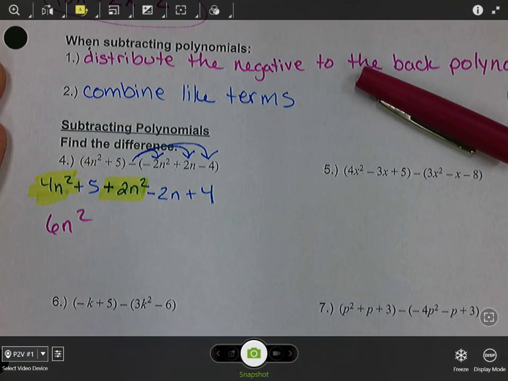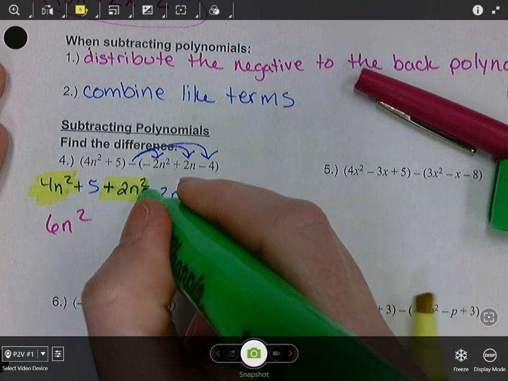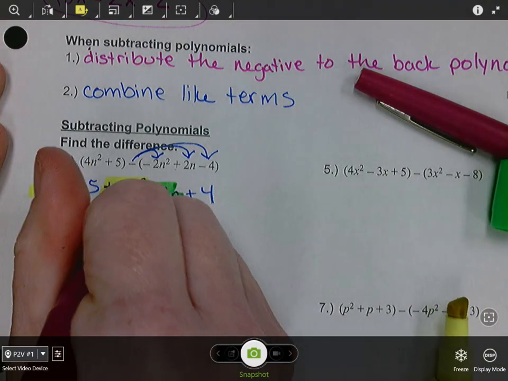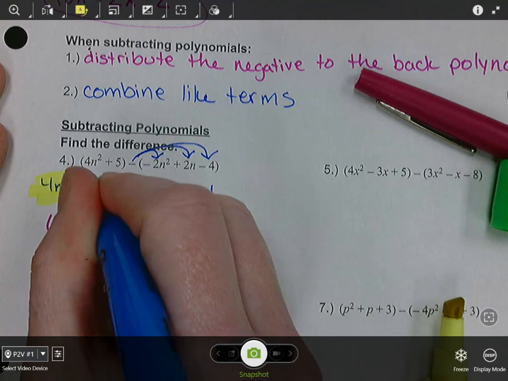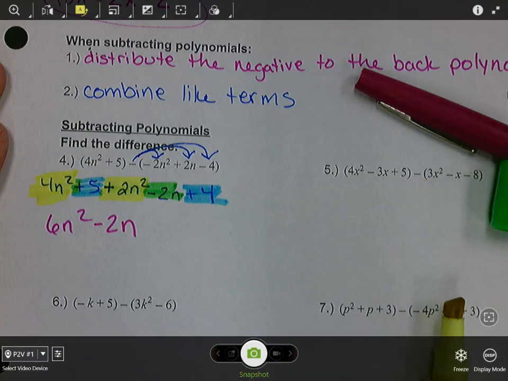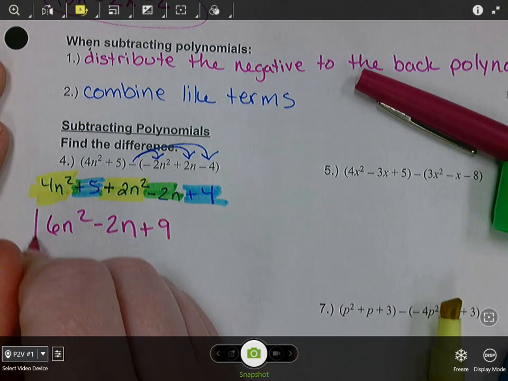Now you look for your linear term, and it just has 1 there, which is -2n. So all we do is just bring that down, -2n. And then we do our constants, which is positive 5 and positive 4. What's positive 5 plus positive 4? Positive 9. And there you go.